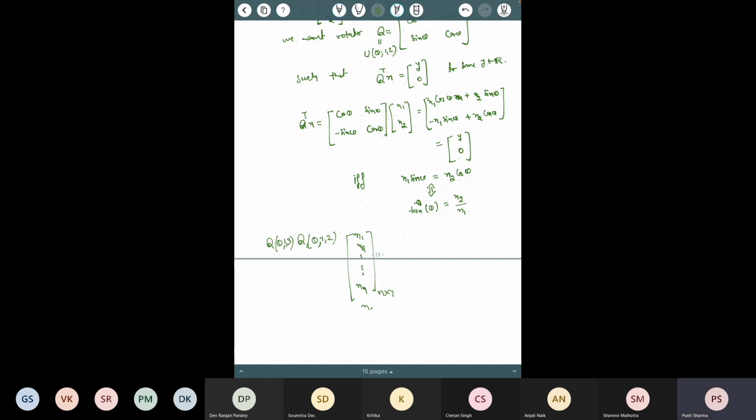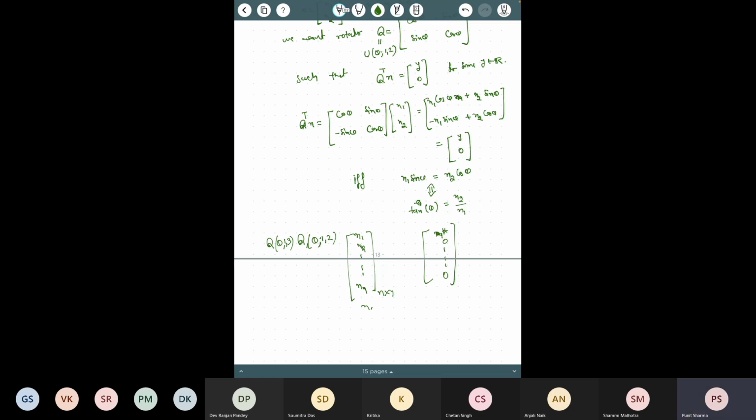So in the first multiplication it will only disturb rows 1 and 2 and create 0 there. Then when you multiply Q13, it will create 0 in the third entry. If you keep on doing this, with n minus 1 rotators you can make this vector of this form. So you can create zeros using this unitary matrix Q.